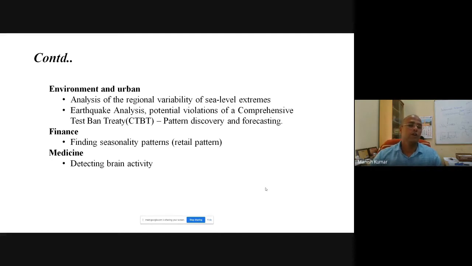In finance, forecasting is very important and useful, so we always look for seasonality patterns, maybe in retail as well. It can also be applicable to medicine, for example brain activity.